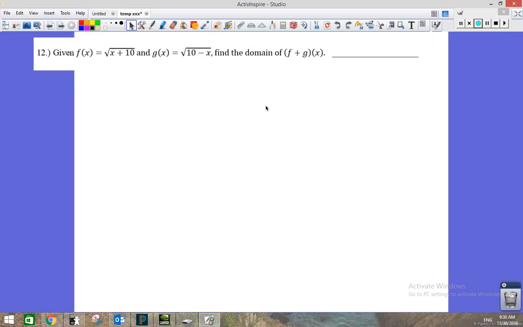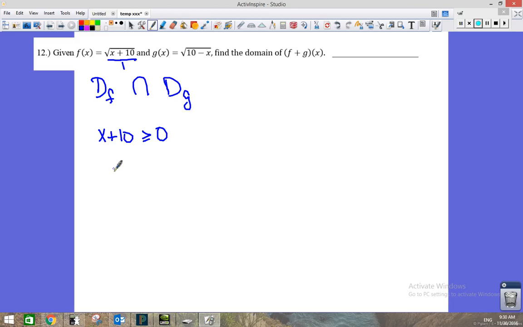All right, and the last one, well, it's the same idea that in finding the domain, you can't divide by 0 and you can't take the square root of a negative number. So if we want to find the domain of f plus g, we have to find the domain of f and intersect it with the domain of g. Well, the domain of f, since it doesn't have any variables in the denominator, this x plus 10 can't be negative. It's okay for it to be 0, and it's okay for it to be positive.